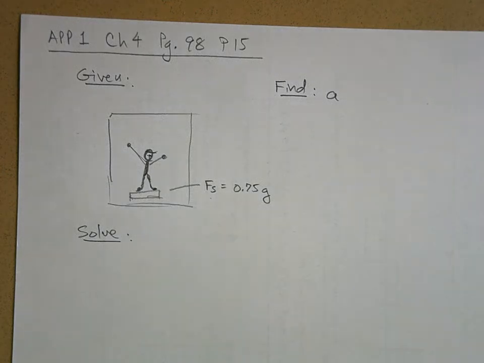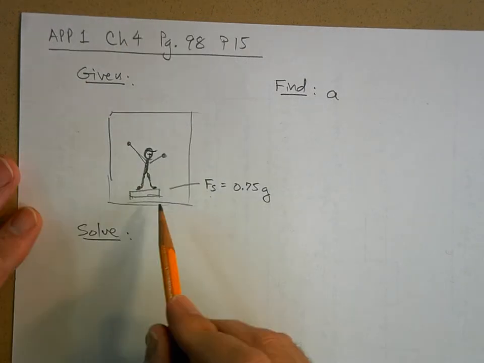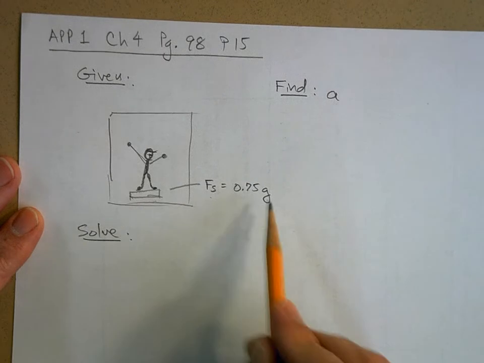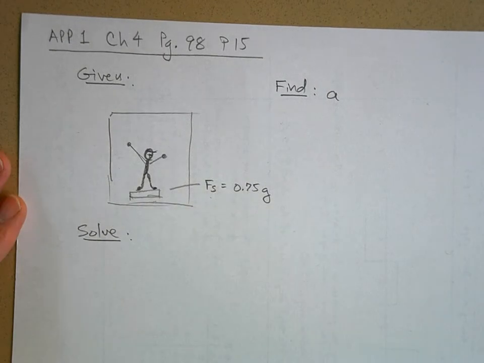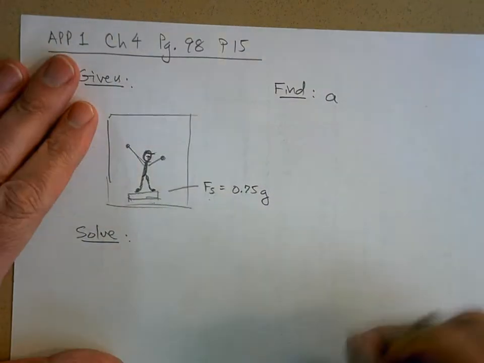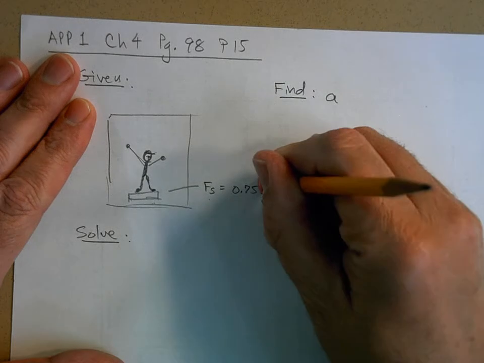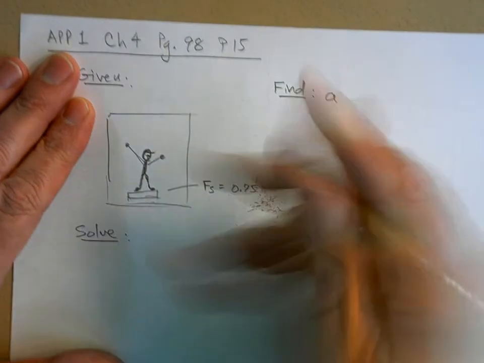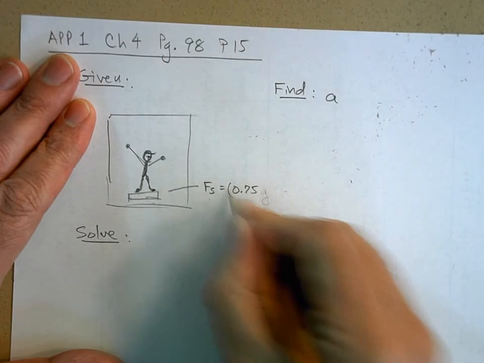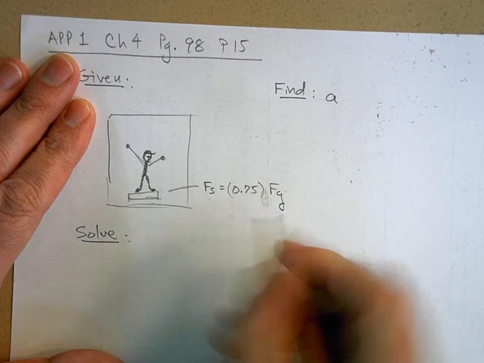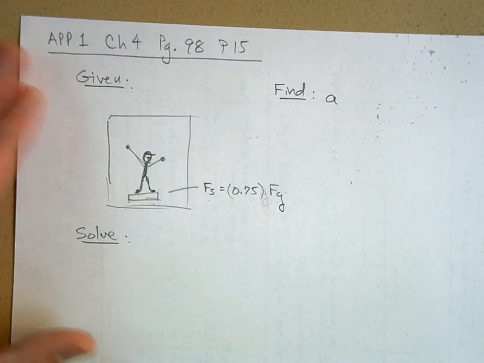If none of your mass in your body is accelerating at all, then the force of the spring of the scale up has to be equal to your weight down, and so you are getting your actual weight. So because this spring scale does not read something that's equal to your weight, oh, and I missed, this should be times the force of gravity. It's 0.75 times the force of gravity.